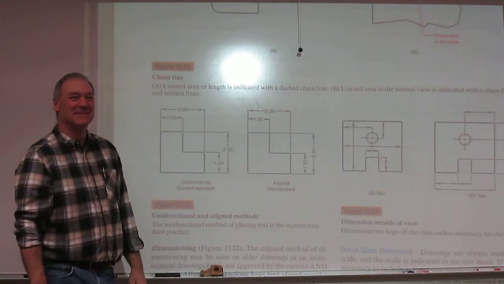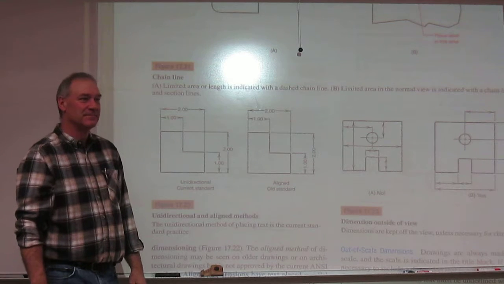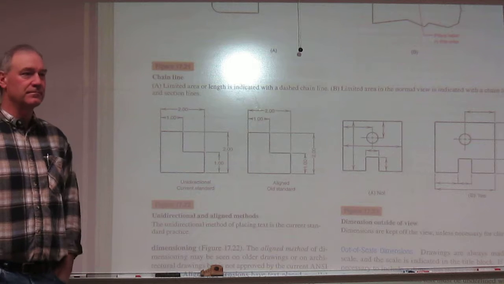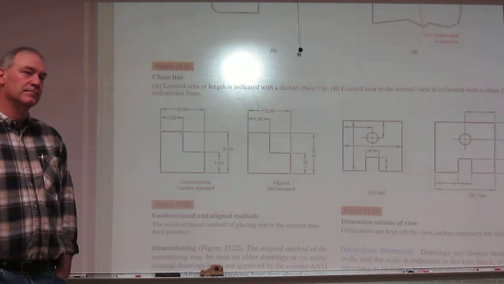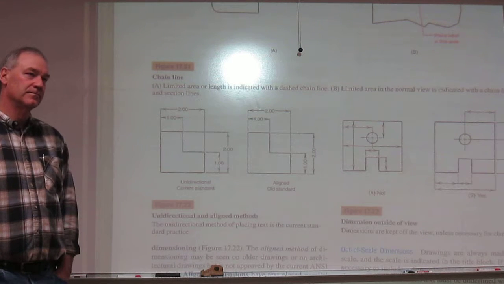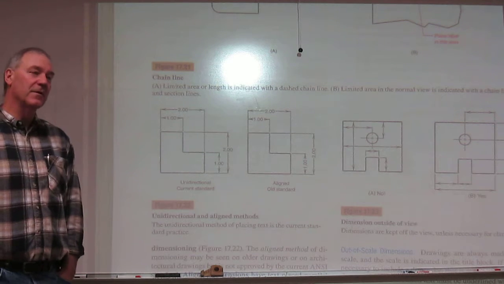Did you have a question, Cheryl? This is about text, but not this specifically. When you're doing notes on the page, you write notes at 1/4 inch, and then you have a space, and I made that space 1/8. Is that correct? Yeah, that's fine. Use half of your letter height.